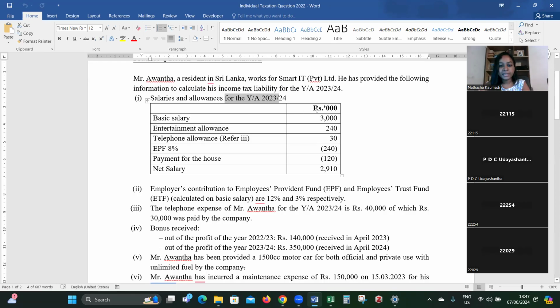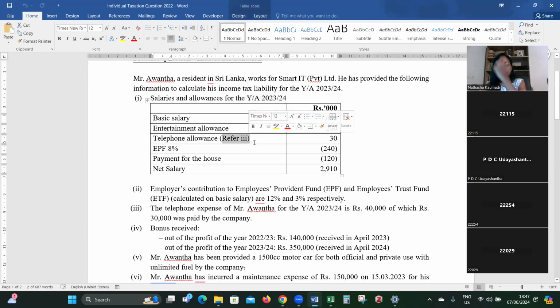The basic salary is given in thousands, then entertainment allowance, telephone allowance, and there's a separate note, refer to number 3, and then EPF 8%. As you can see, 3,240.30, those figures have EPF 8% deducted. Then the payment for the house, 120, has been deducted from the salary, and the net salary is 2,910.